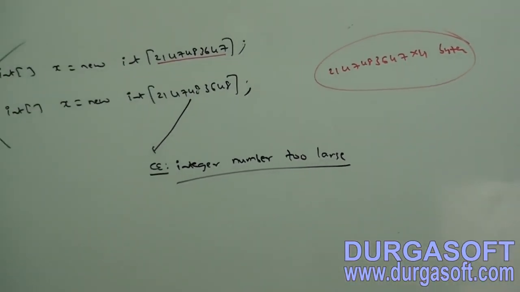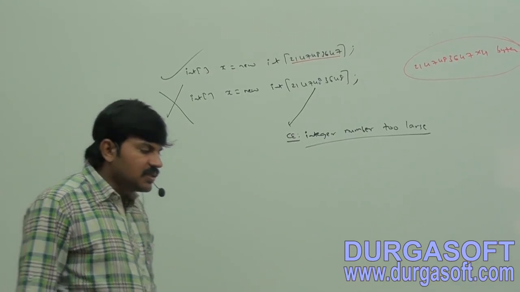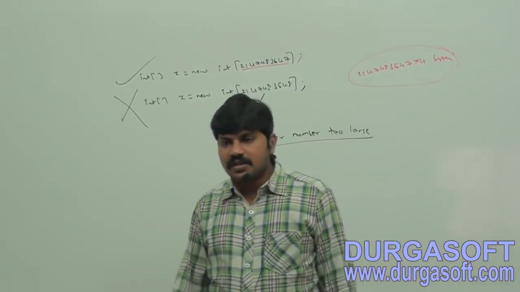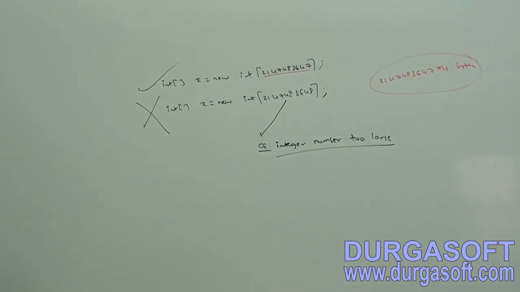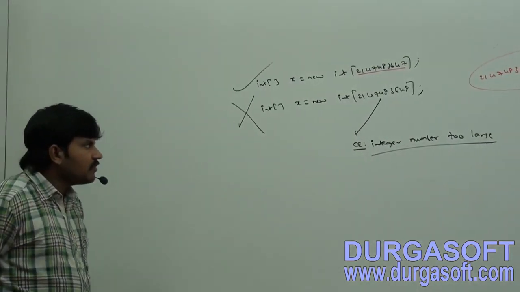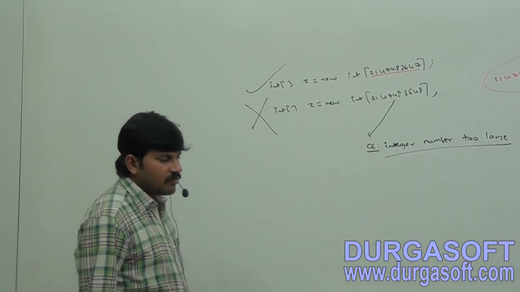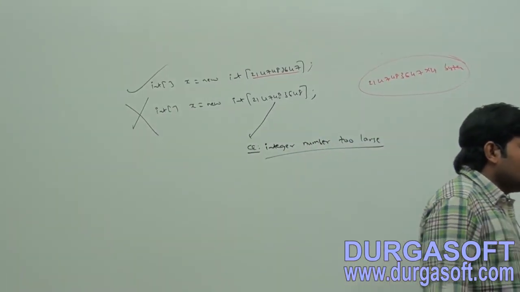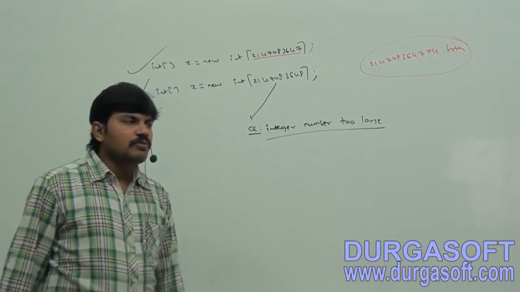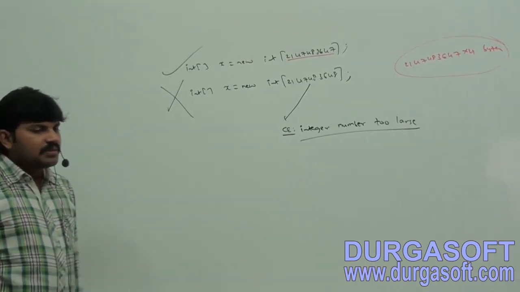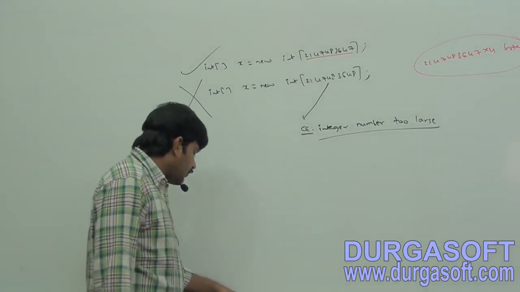The maximum allowed array size in Java is 2147483647, which is the maximum value of int data type.